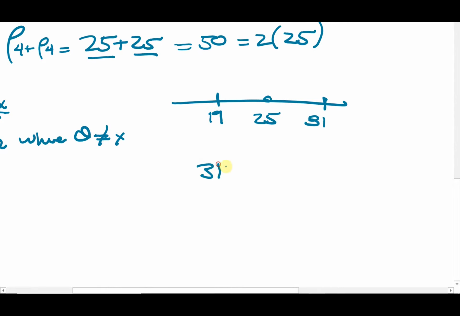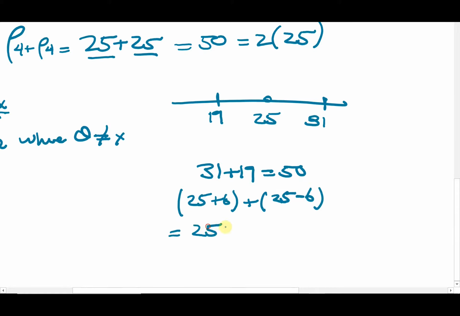Of course, 31 plus 19 is also 50, because 25 plus 6 plus 25 minus 6 equals 25 plus 25 plus 6 minus 6. You're just adding 0, and we get the same number.